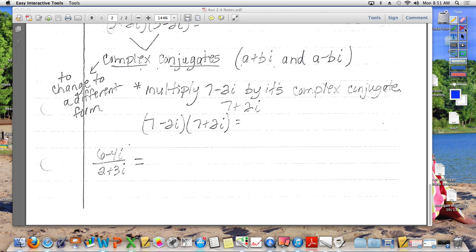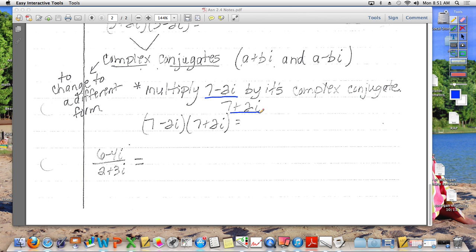So multiply 7 minus 2i by its complex conjugate, 7 plus 2i. 7 minus 2i and 7 plus 2i are complex conjugates.